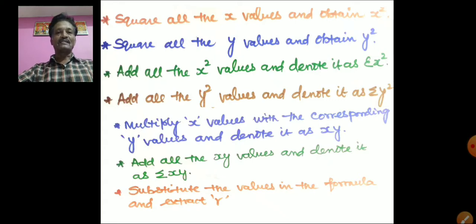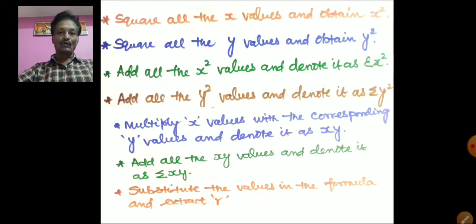So when we add all the small x values, definitely the value should be equal to 0, because we have taken the deviations with the help of arithmetic mean. The sum of the deviations taken from arithmetic mean is always equal to 0. So the small x total and small y total is always equal to 0 when we have carefully taken the deviation value with the help of the actual mean.